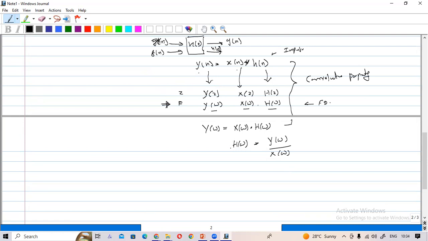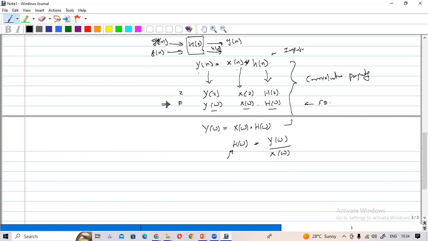In the frequency domain, this is normally referred to as the transfer function, or simply the response. It is the Fourier transform of h[n], the impulse response.